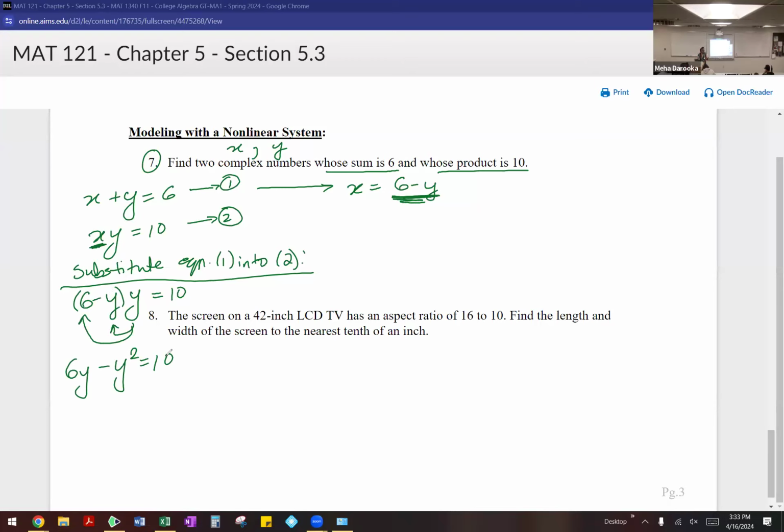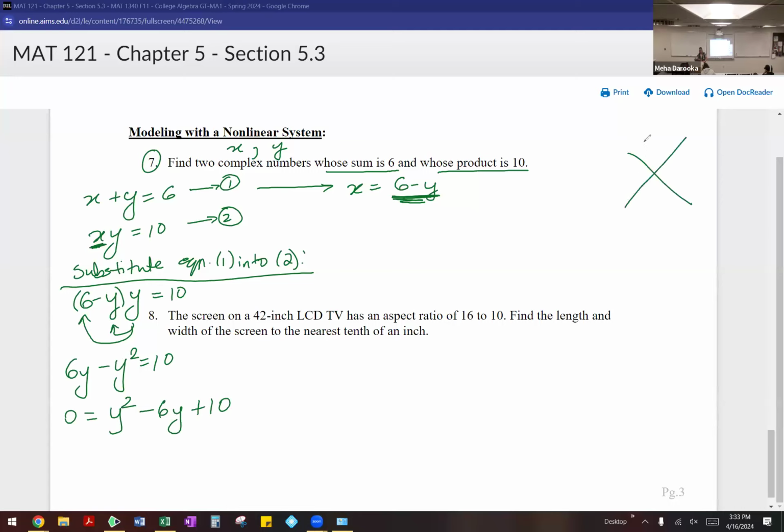And then we can solve this like a quadratic equation, right? So I'm going to go ahead and move both of these to the other side. When I move y squared to the other side, it becomes positive. 6y will become negative, and then the 10 stays where it's at. So plus 10. Can I factor this?